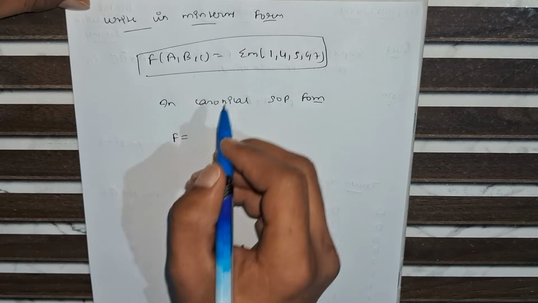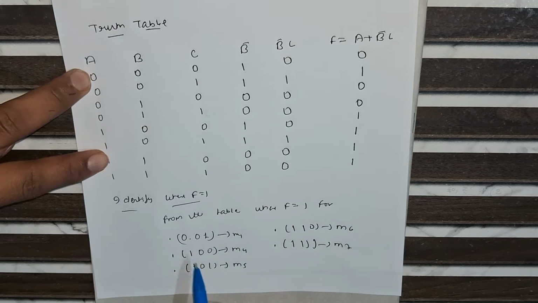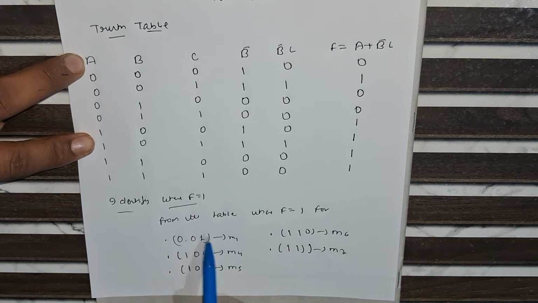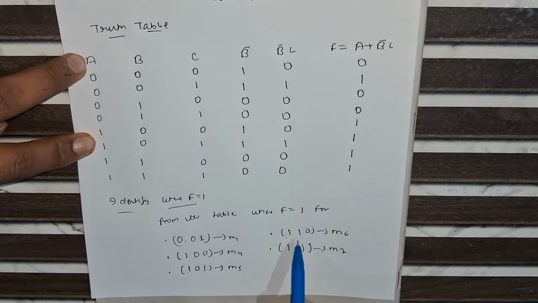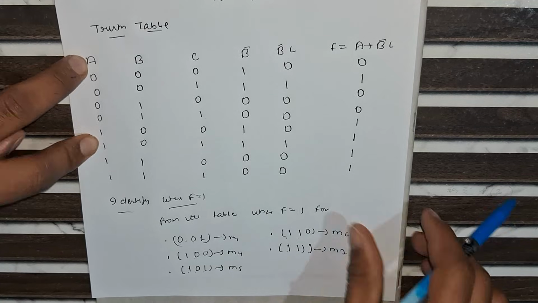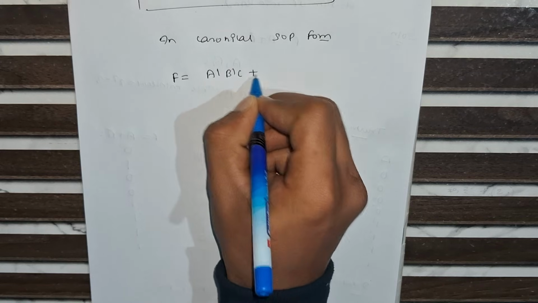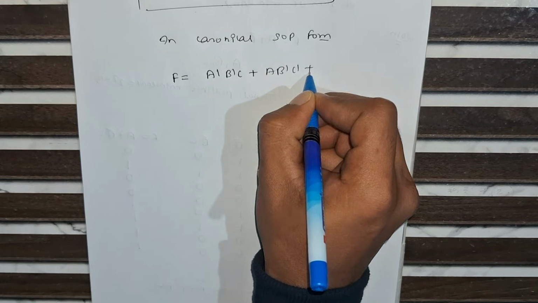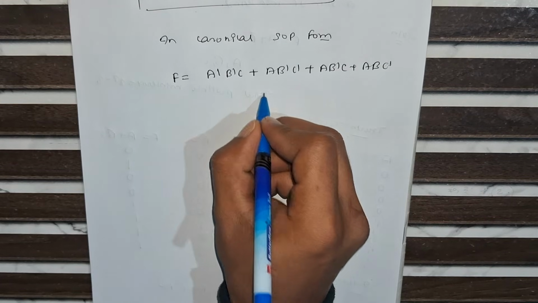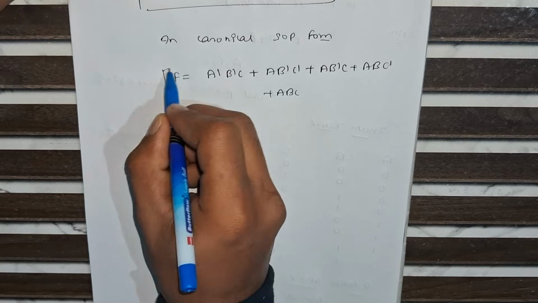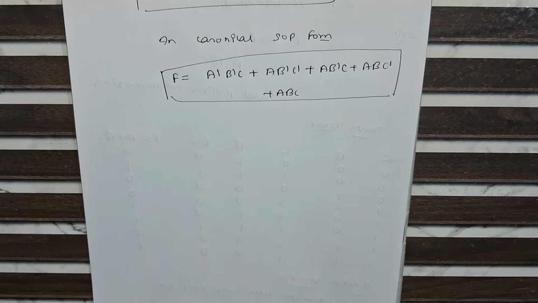So F equals A bar B bar C plus A B bar C bar plus A B bar C plus A B C bar plus A B C. This is our canonical form, sum of product form. So this is our final answer.